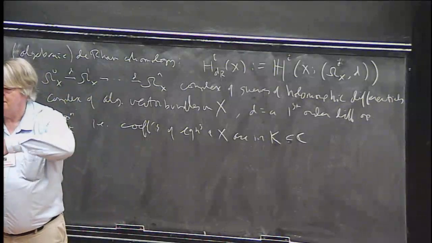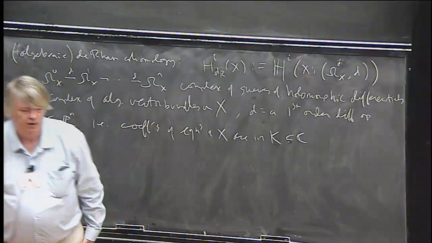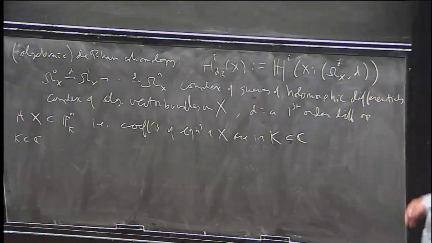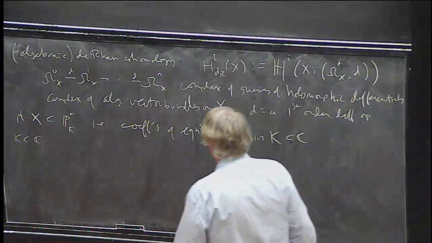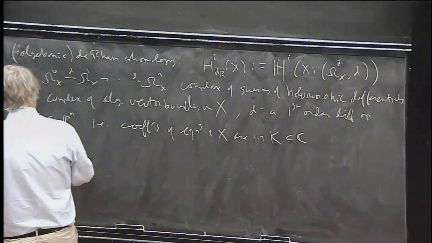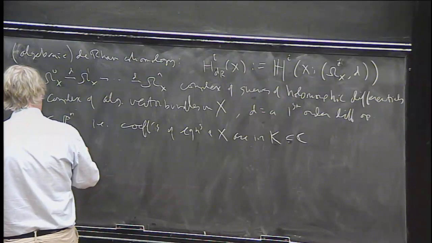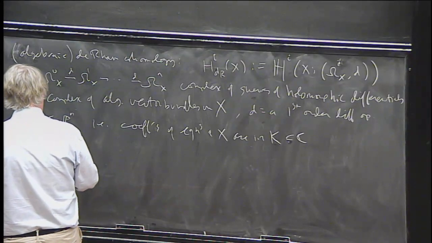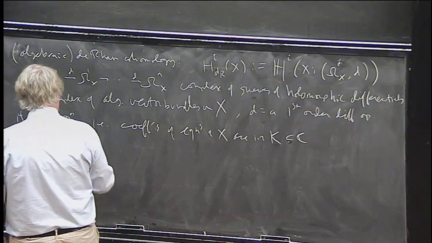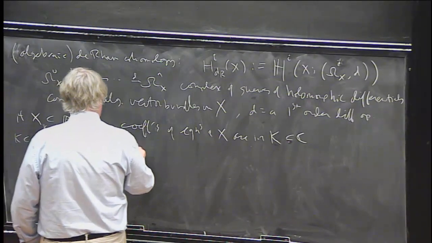So there are only finitely many numbers that are coefficients, and you can just take the field generated by those numbers. It's definitely much smaller than the complex numbers. Then this vector space, let's call this X_K, is a K vector space.